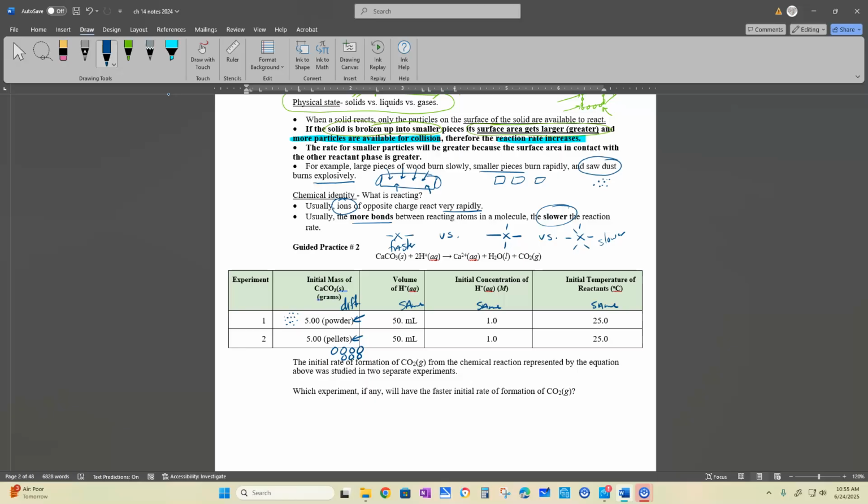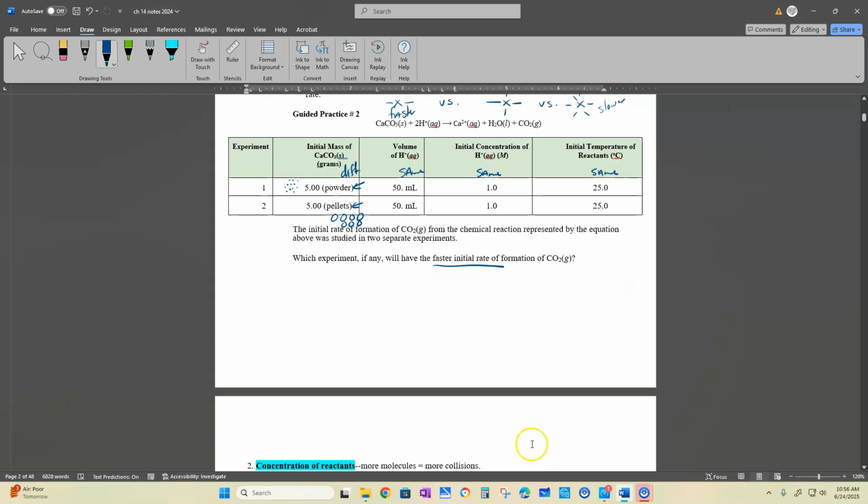The initial rate of formation of that CO2 is represented in the equation above by doing two different experiments. Which experiment would be the fastest initial rate to form CO2? Well, the powder would be. I'm going to type because I know you guys love reading my crazy writing. So how do you explain to AP what's happening?